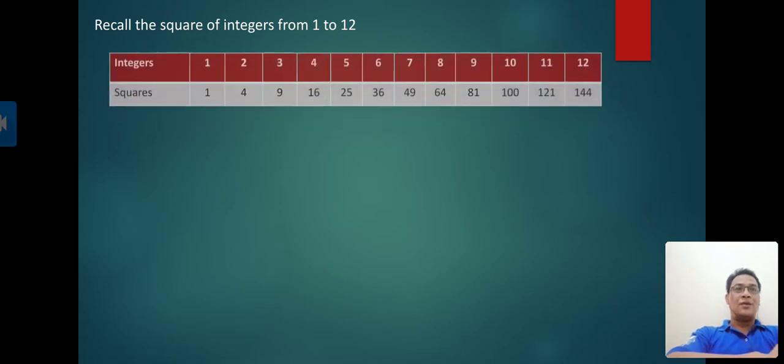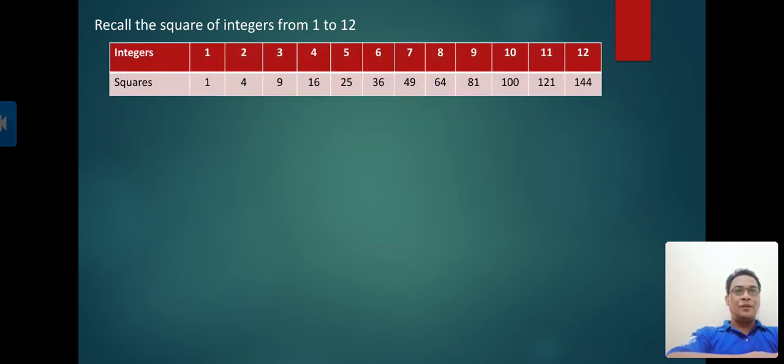Okay, so let us try to recall the squares of integers from 1 to 12. I do have here a table. The square of 1 is 1, square of 2 is 4, square of 3 is 9, square of 4 is 16, and so on until we have the square of 12 as 144.